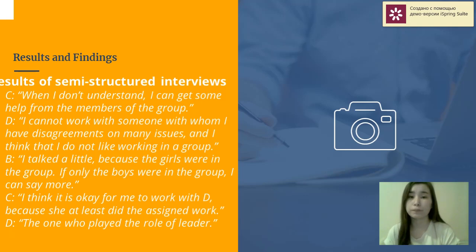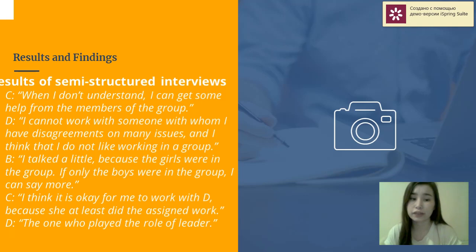Also, group work reduces the individual workload because they can divide the tasks into parts, and it will be easy for them to complete their jobs.